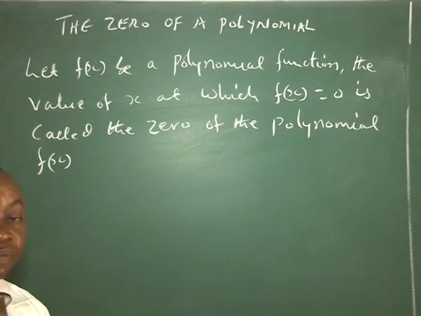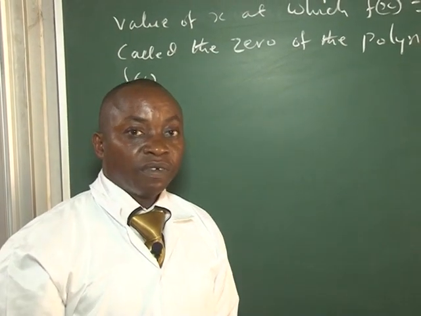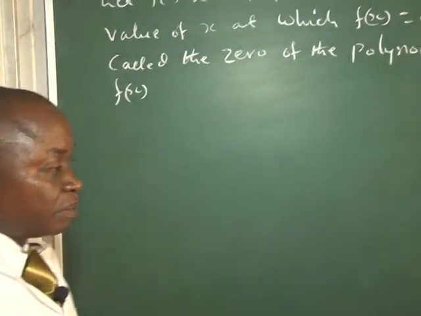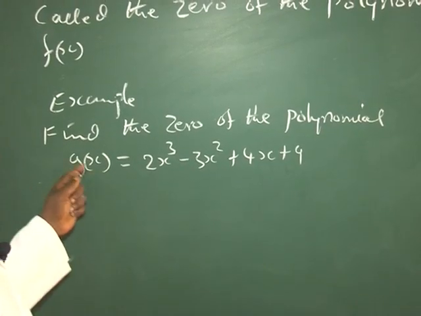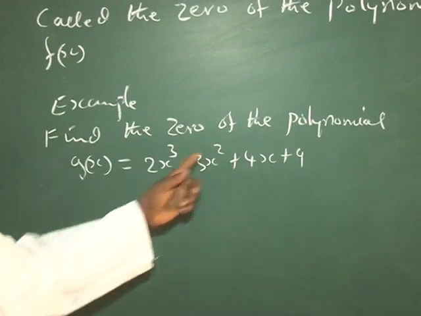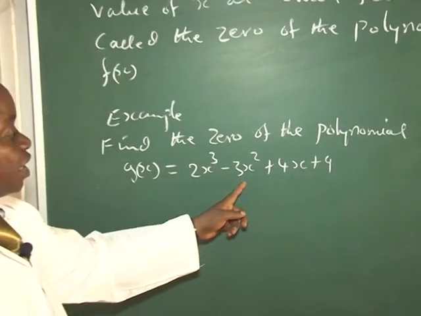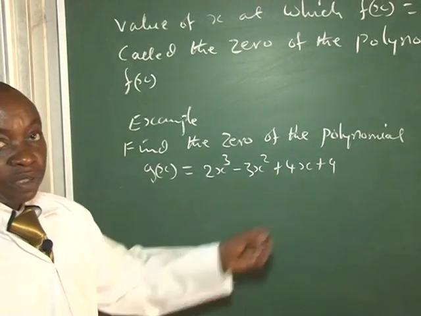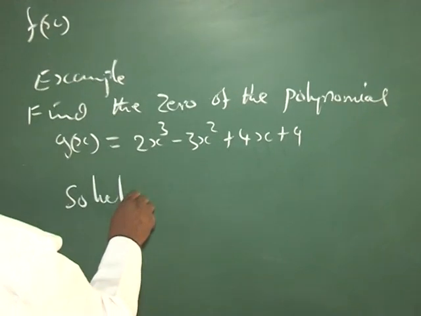Now, let's take an example so that we really understand what the zero of a polynomial is all about. Find the zero of the polynomial g of x equals 2x cubed minus 3x squared plus 4x plus 9. We'll take the solution.